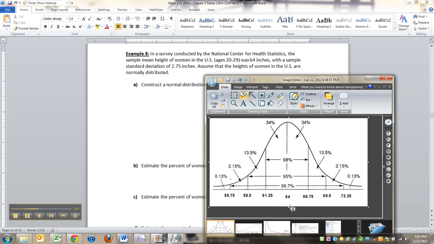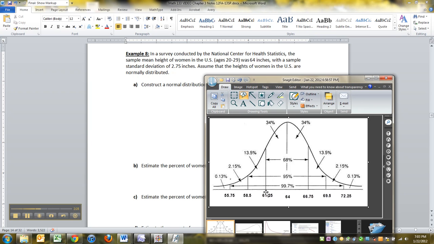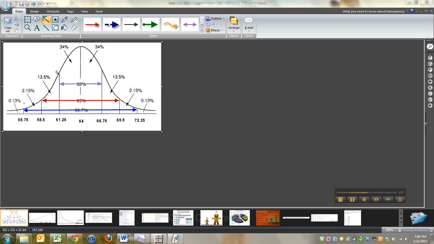Okay, so 64 is in the middle right here, and then 61.25 to 66.75. You add on 2.75 over here, then you take away 2.75 over here. I'm going to add little colors so you can see here. So you can see 68% is this purple line right here.